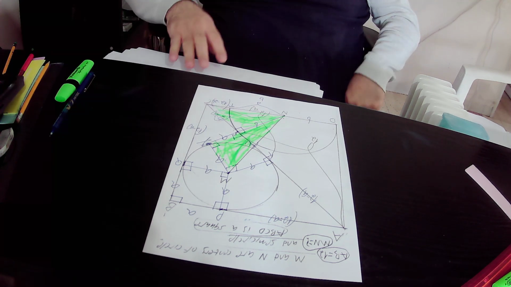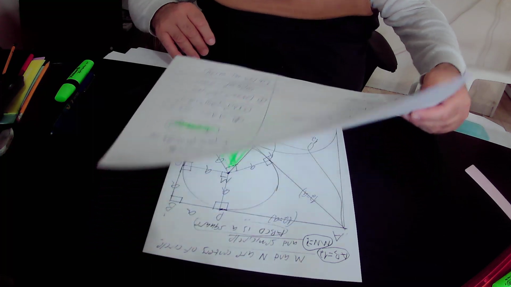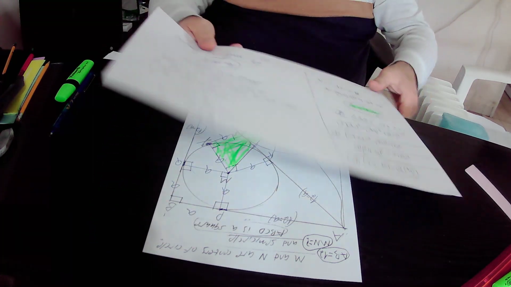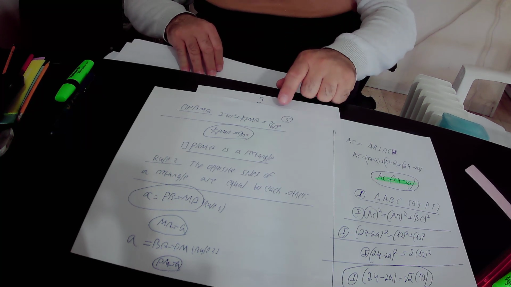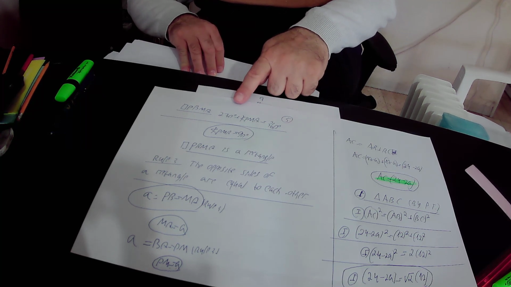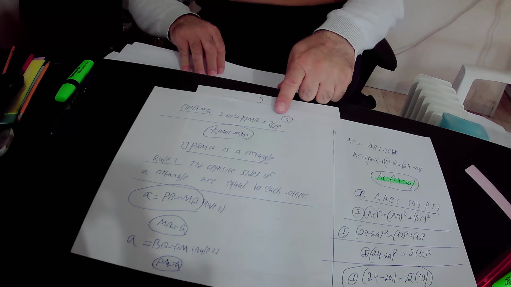In total they must equal 360 degrees, according to the rule that the sum of the angles in any quadrilateral is equal to 360 degrees. So the sum of 3 angles, that is 270 degrees, plus the size of the fourth angle, angle PMQ, in total must equal 360 degrees.